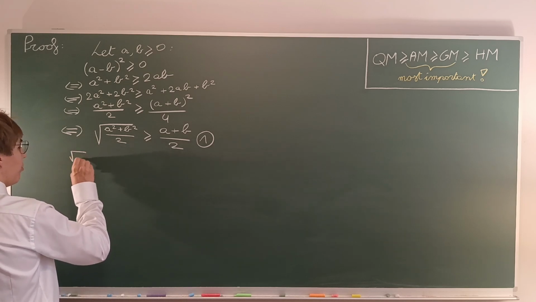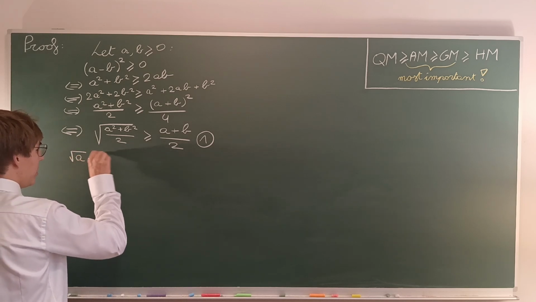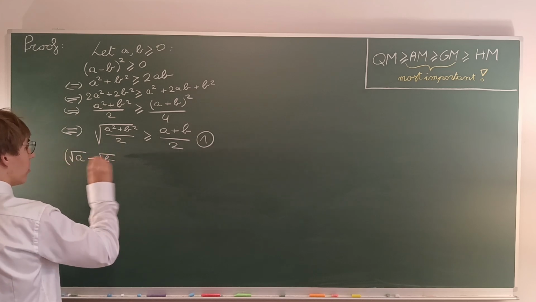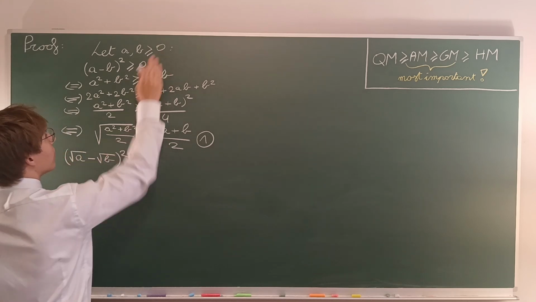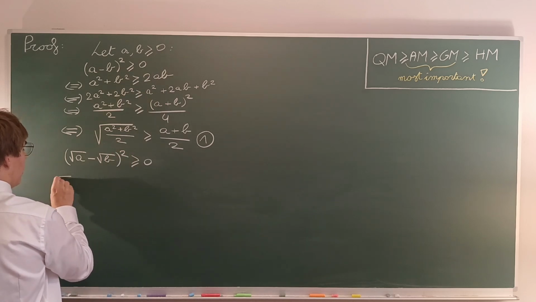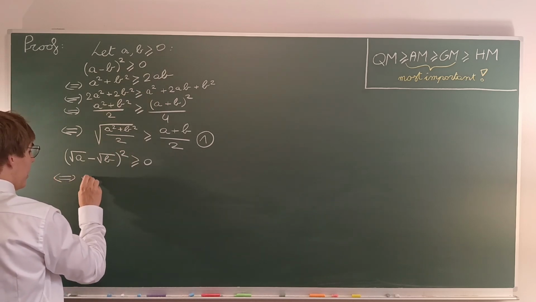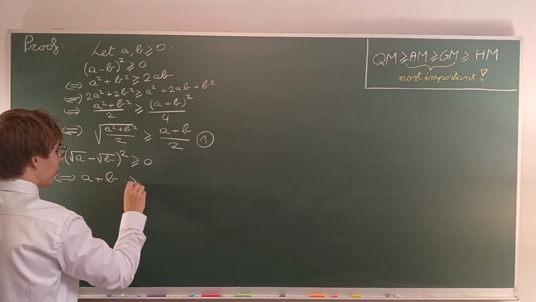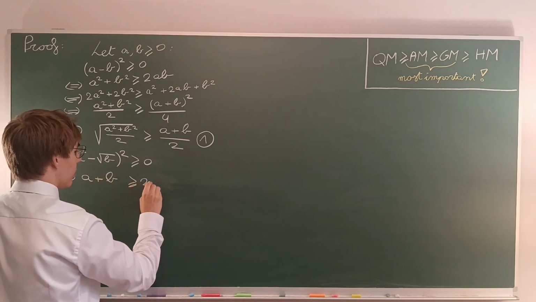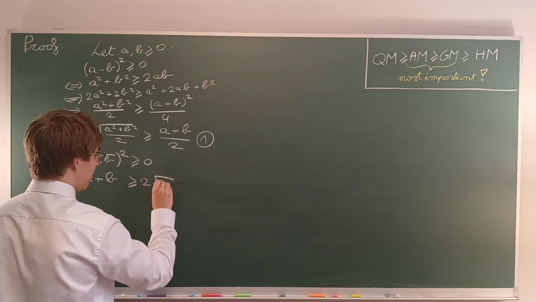We know that (the square root of A minus the square root of B) squared is also positive. Now this means that A plus B is greater than or equal to 2 times the square root of AB.